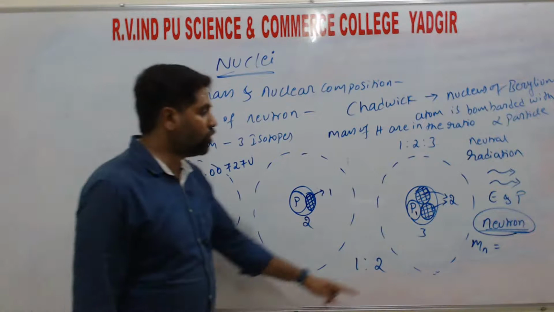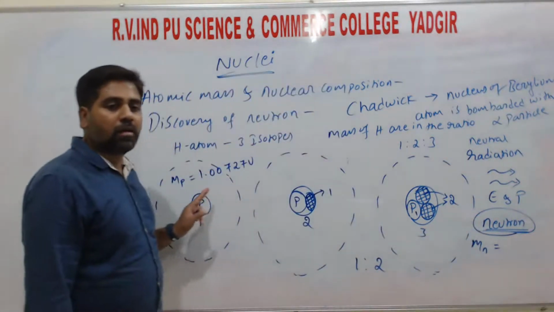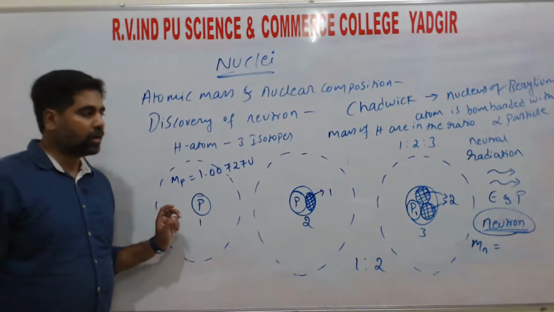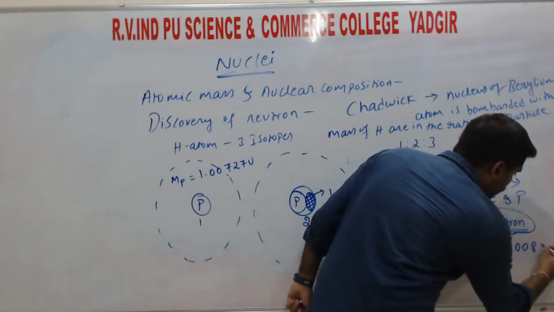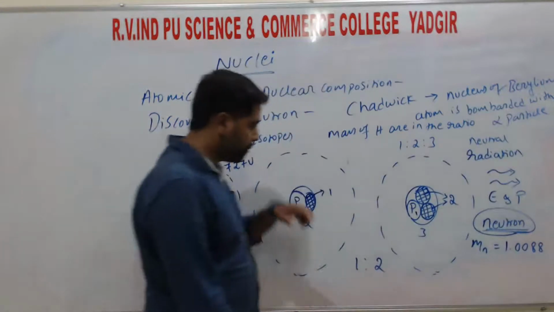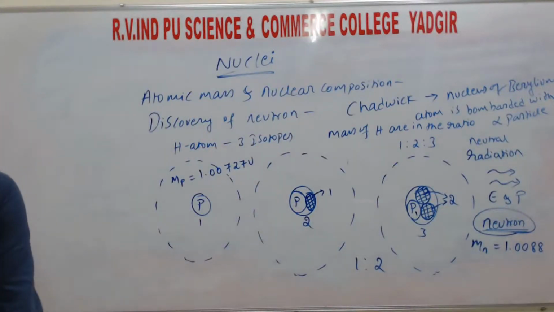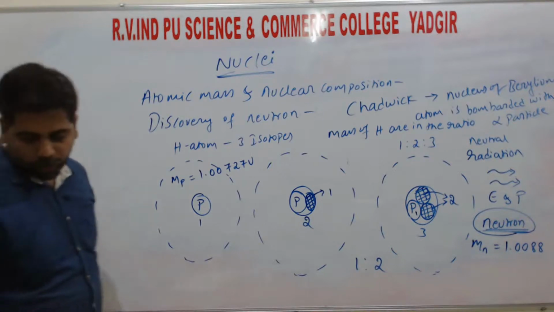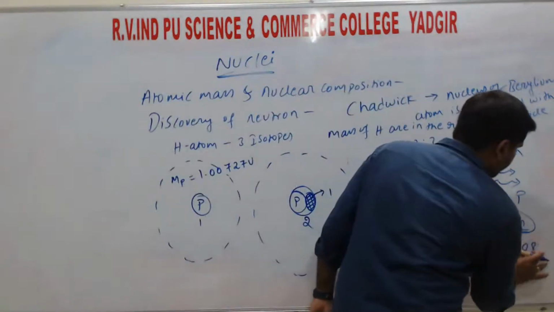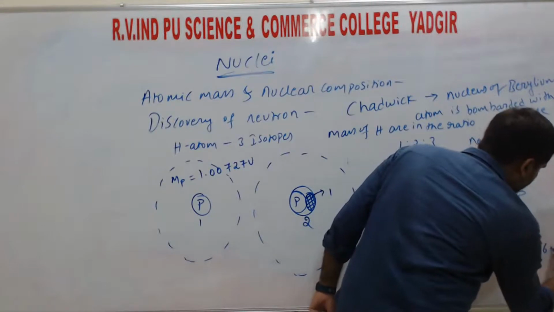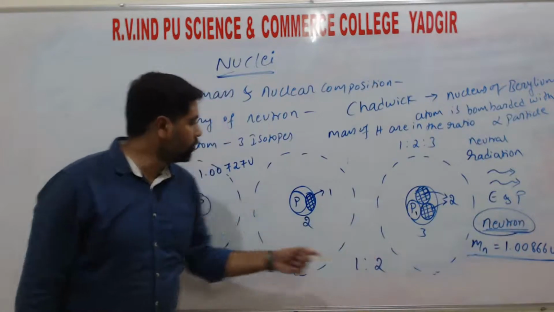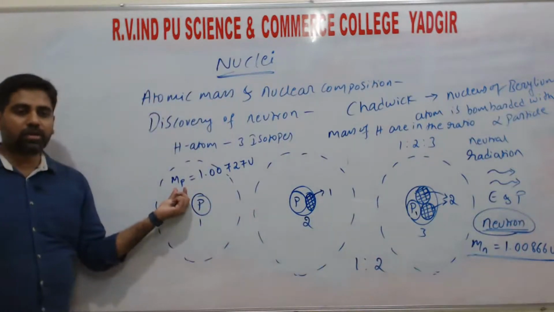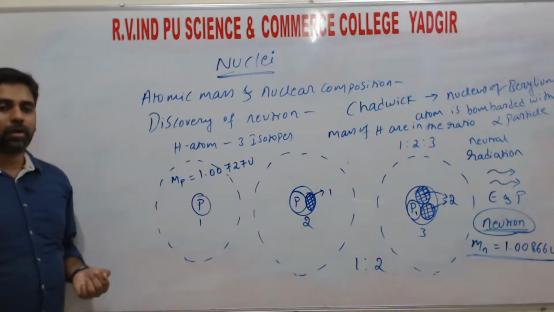So the mass of the neutron is almost equal to the mass of the proton. mn is equal to 1.00866 u. So this is the mass of the neutron, which is almost nearer to the mass of the proton, right?